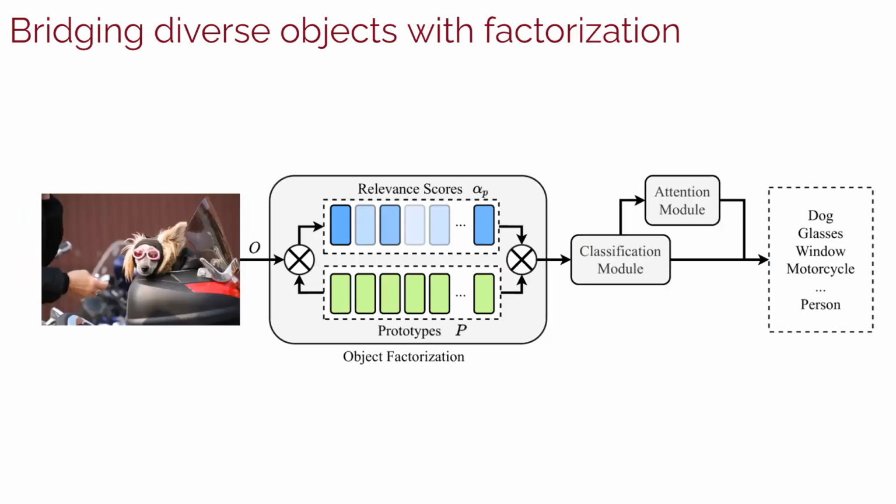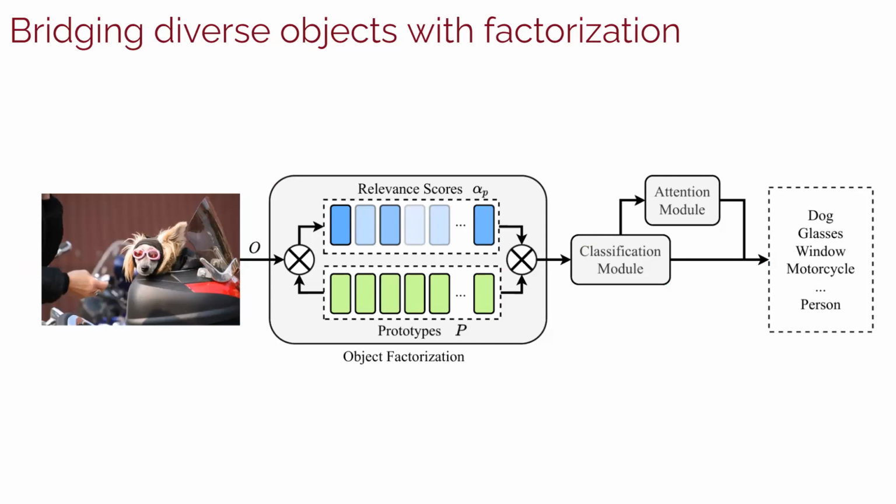Our method consists of two major components. The first one is an object factorization method for automatically deriving discriminative prototypes. The principal idea behind our method is to project the implicit object features onto trainable prototypes by measuring their similarity. And then we use the weighted combination of the prototypes to classify those objects, where the weights are the computed similarity.